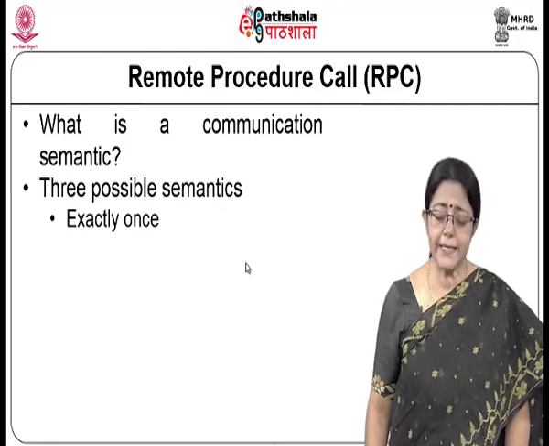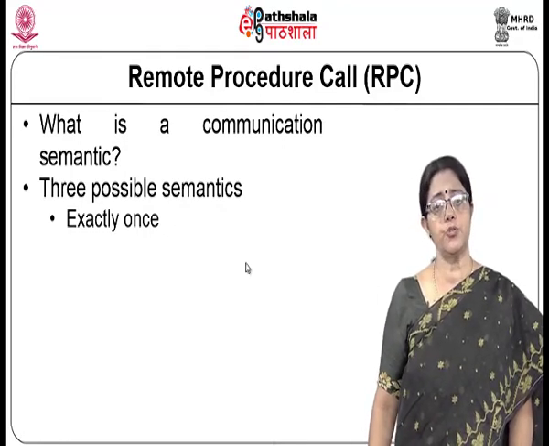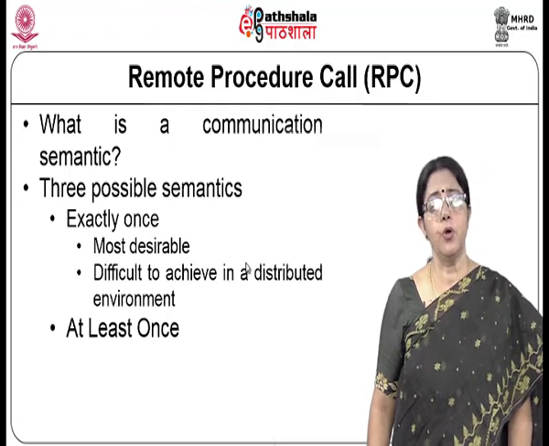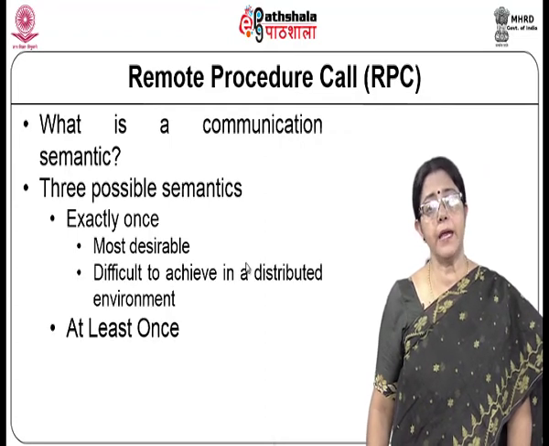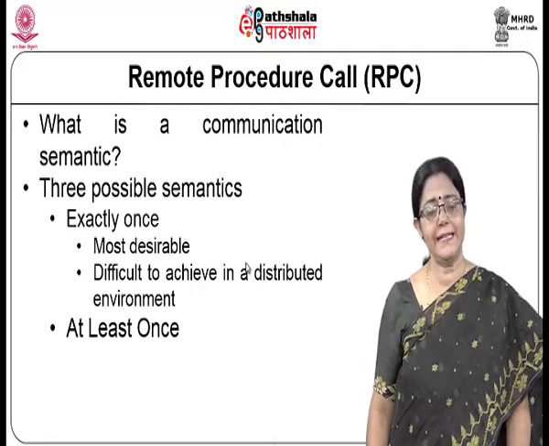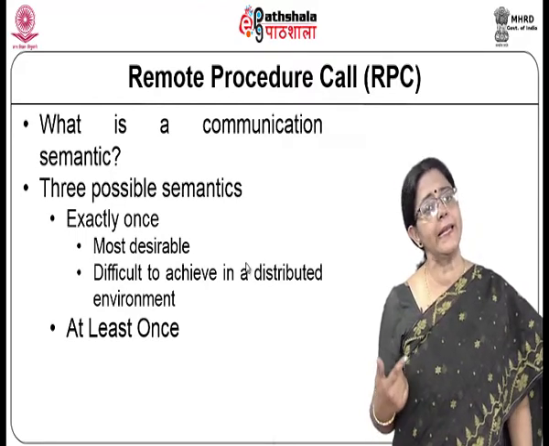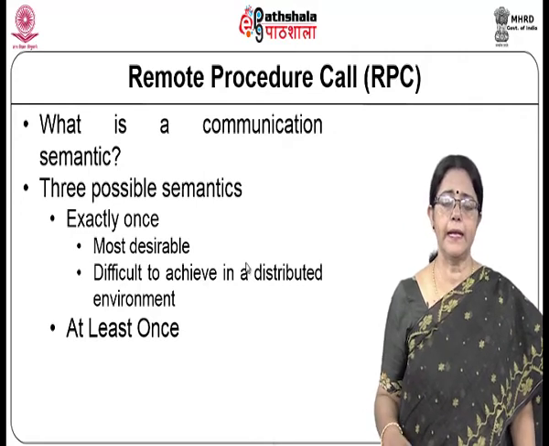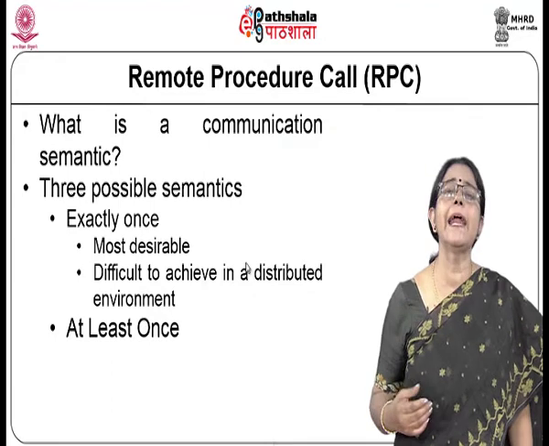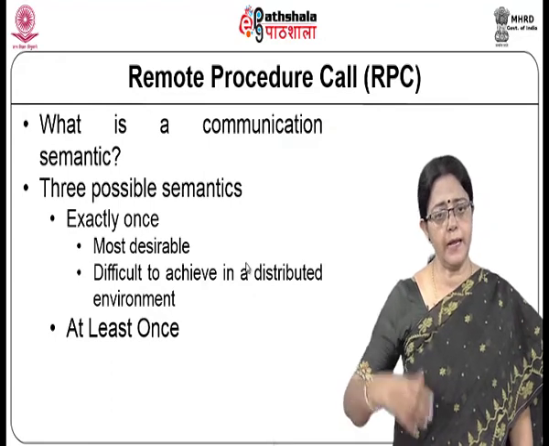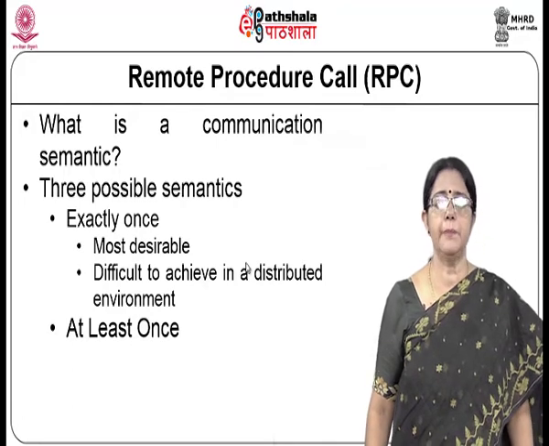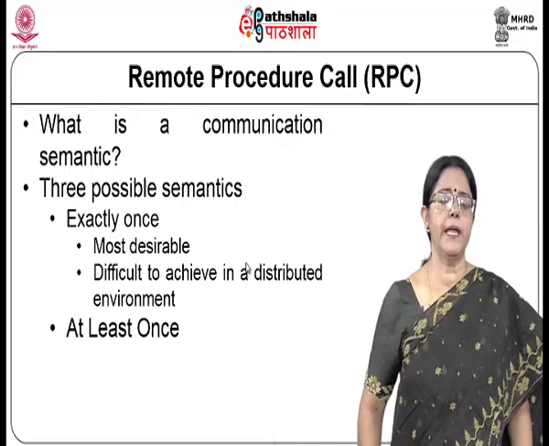Many times we really do not want to put so much restriction. So, we say that okay, we are good with at least once. I will send a message, and your system will guarantee that it will be executed at least once. So, I am allowing it to be executed many more times, but I am demanding that it is executed at least one time.